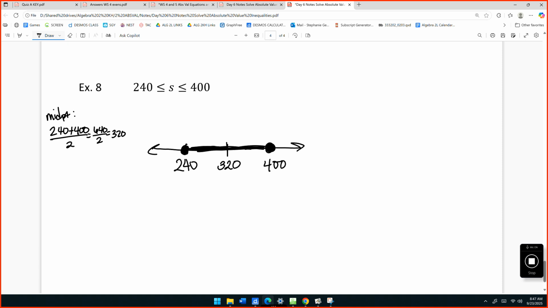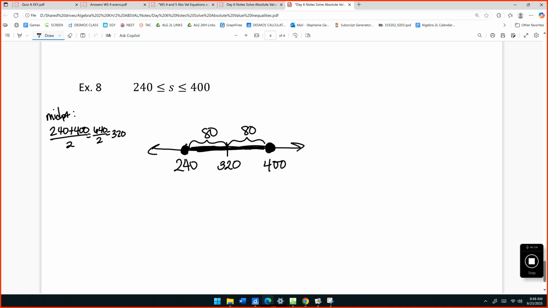Okay, so we all able to map it and figure out that the middle is 320? Cool. Now you have to figure out how much is on either side. 80. So there's 80 on either side.